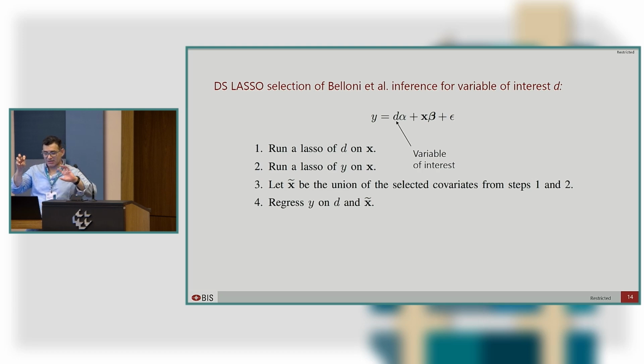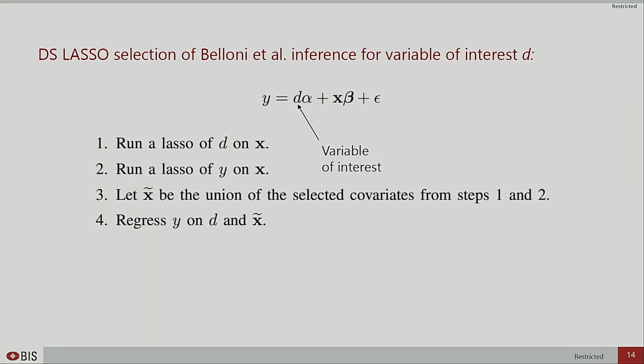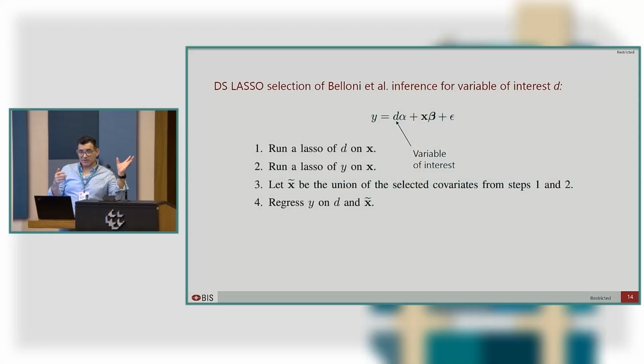Then it's going to run a different regression of the dependent variable on all the set of possible explanatory variables and identify the ones that come up as significant from that regression. And then it's going to run another regression of the dependent variable on the union of those two sets of identified significant variables.